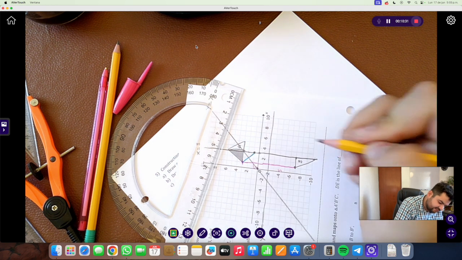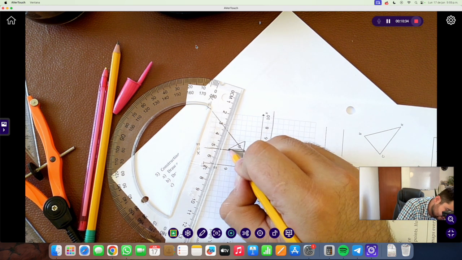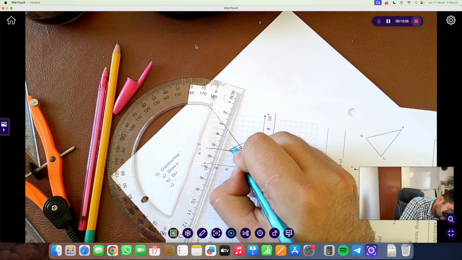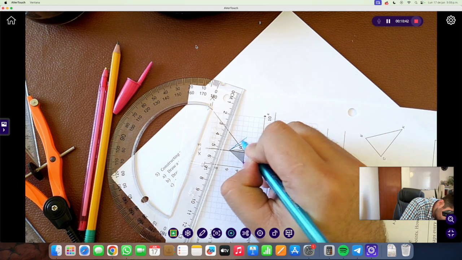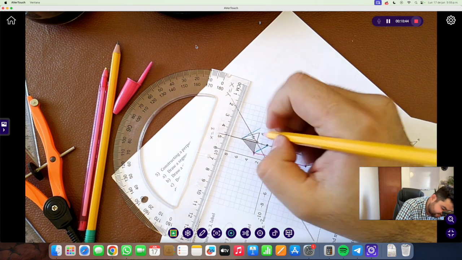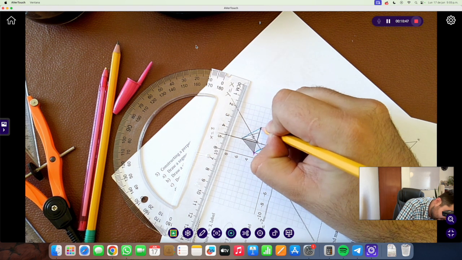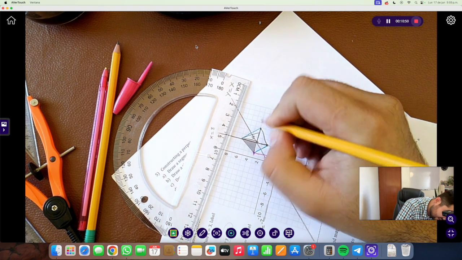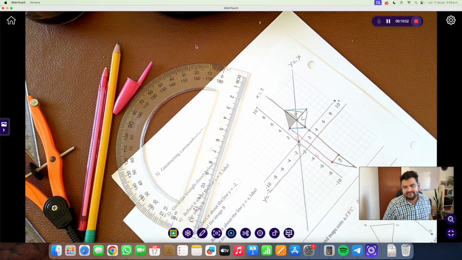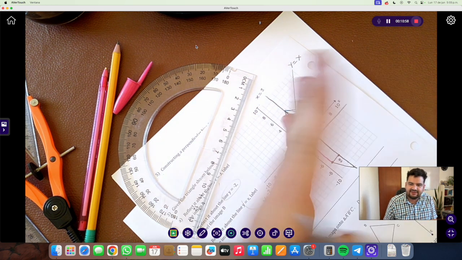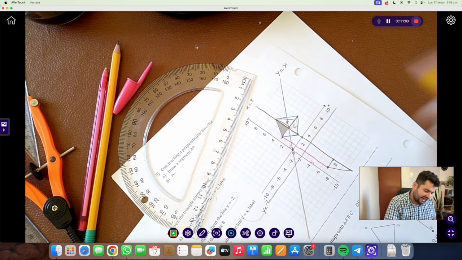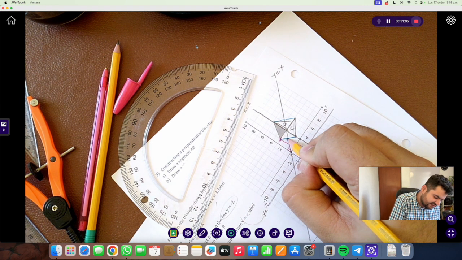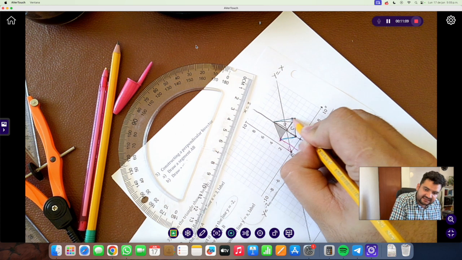This distance is 0, and this distance is 2 diagonals. Here's one diagonal, here's one diagonal. Then one diagonal and a half, 1.5 diagonals. So my reflected image is this one. And that's super pretty, no? I am reflecting this one with the y equals x line. And observe, we did it because of the distances, no? This distance is the same as this distance, and this distance is the same as this distance.